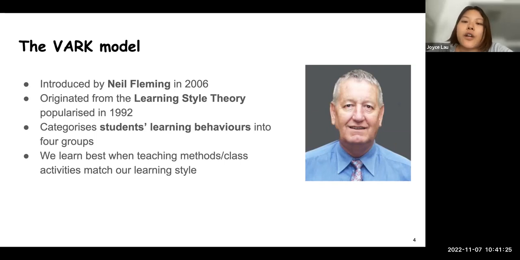The learning style theory categorizes students' learning behaviors into 4 categories: visual, auditory, read, write, and kinesthetic. Such learning style theory emphasizes that students learn best when information is presented to them in a certain way. Meanwhile, the VARK model explains the different ways a student learns. Now, we will take a closer look into each learning style.